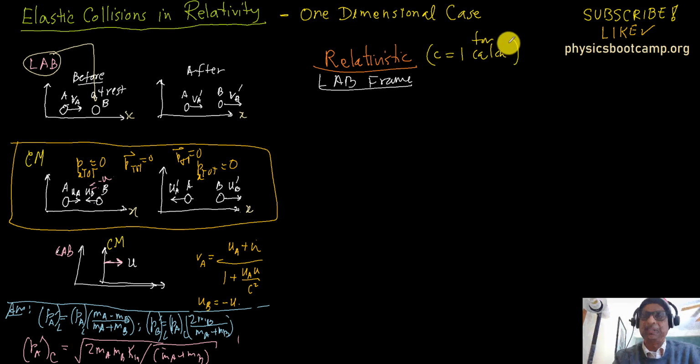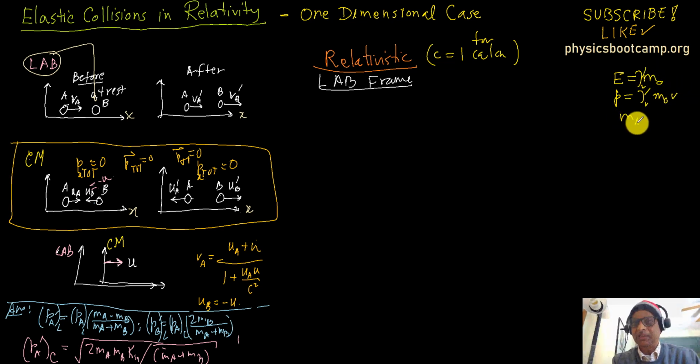Energy will be gamma m, and P equals gamma m v, at some speed v, and m is the rest mass. So obviously m_A is also rest mass.